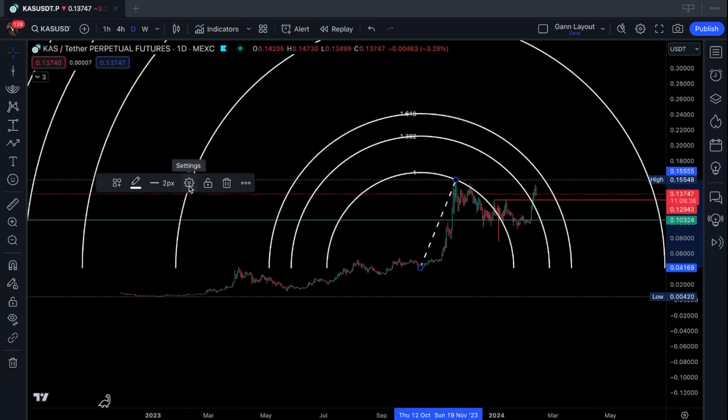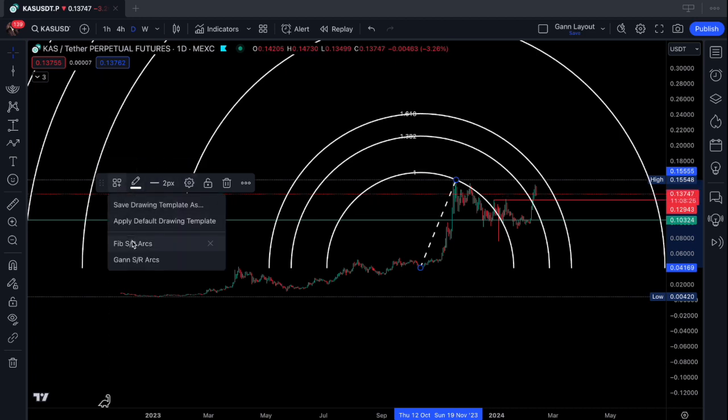How will you know what fits the chart? You need to trade this chart. You need to be familiar with its behavior, and you need to try different templates. I have two default templates. One is the Gann speed resistance arcs, and the second is a regular fib speed resistance arc. How do you do that?